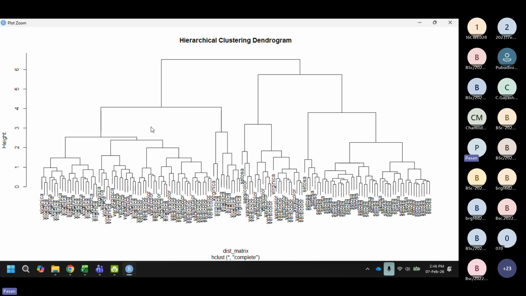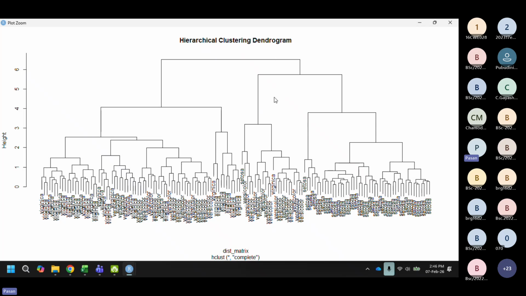Another thing you can identify is the gap between these clusters. You can see that up to the height of 4 here, these are kind of closer to each other, but then here you can see big gaps.